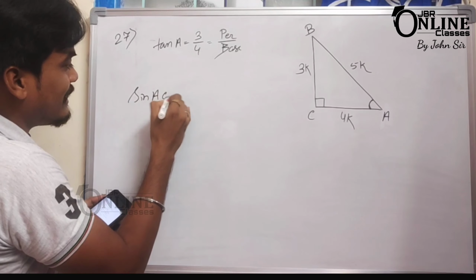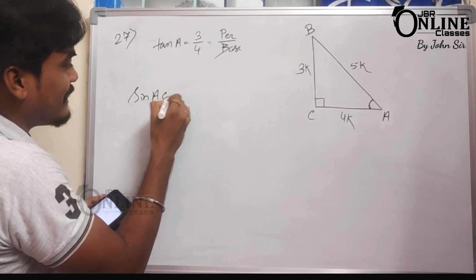Now the next thing is you have to prove sin A cos B plus cos A sin B equals 1. With respect to angle A, sin A means perpendicular by hypotenuse, so it will be 3K by 5K.